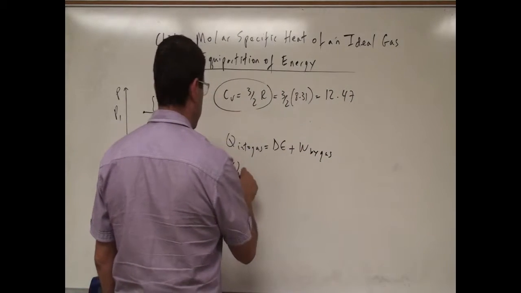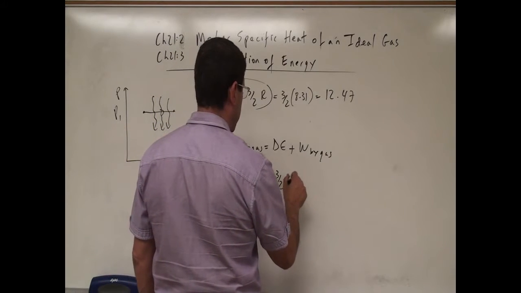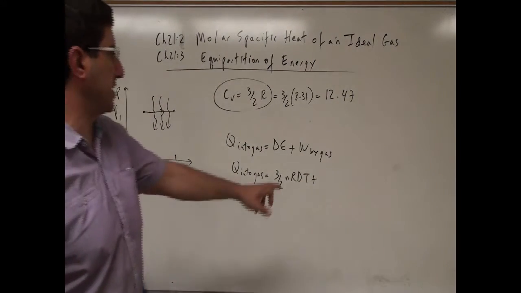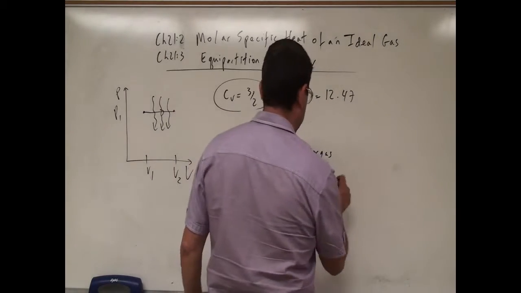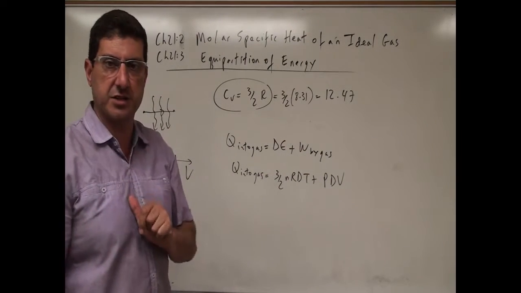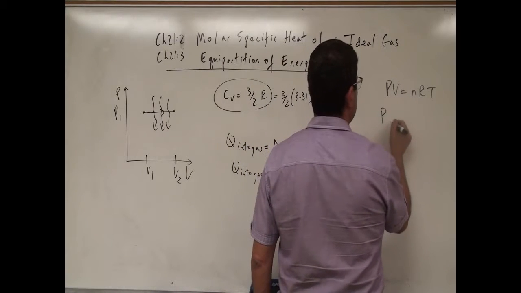Right? So we have here Q into gas equals 3/2 nR delta T plus, and then the work done by the gas is going to equal the pressure of the gas times the change in volume. And remember, the pressure of the gas is staying constant, right? And remember, only the volume is changing, the pressure is not changing, so the pressure is staying constant.